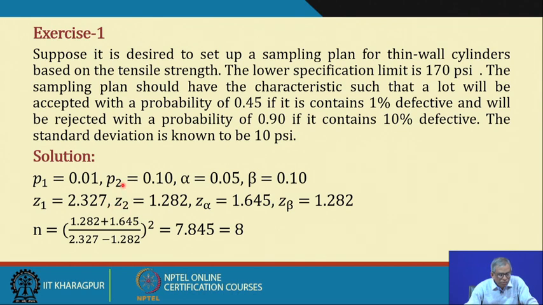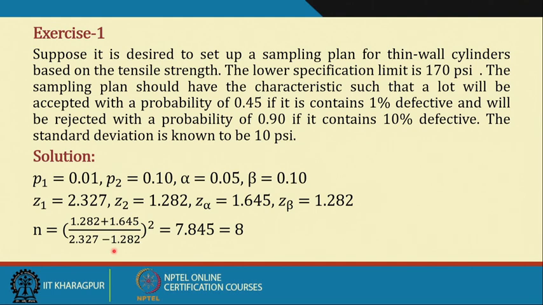Similarly, against P2 you compute the value of Z2, and the Z2 value is 1.282. Similarly we have Z alpha, that is 1.645, and the Z beta value is 1.282, that is against the tail area of 0.10.